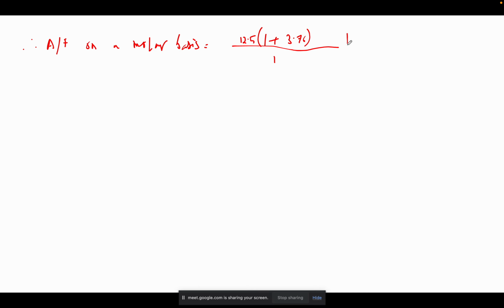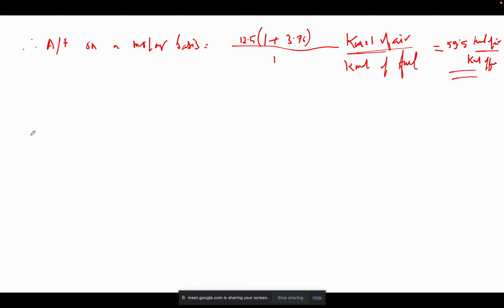Fine. So this will be kilomole of air by kilomole of fuel. Okay. So this is 59.5 kilomole of air by kilomole of fuel.